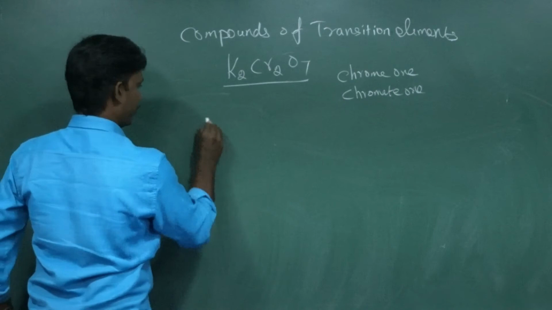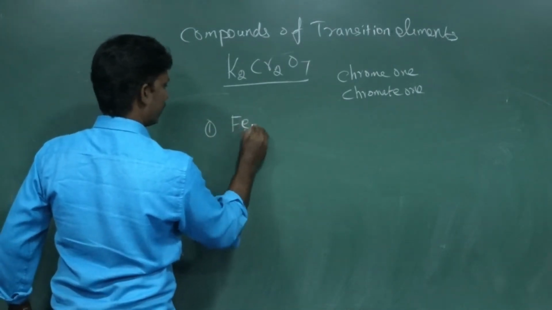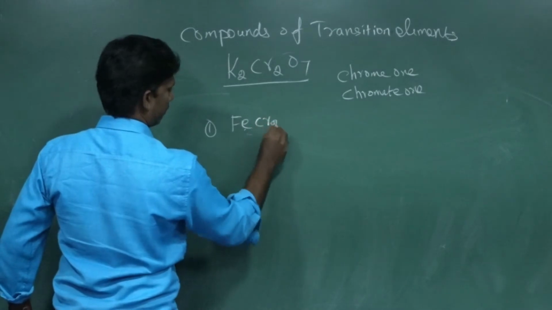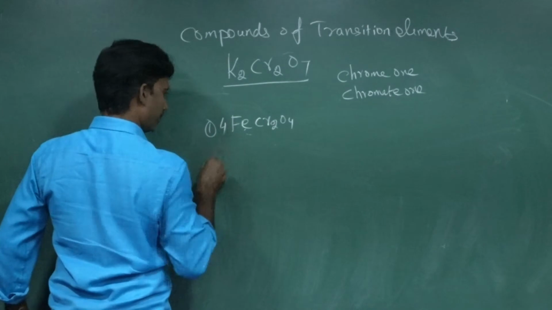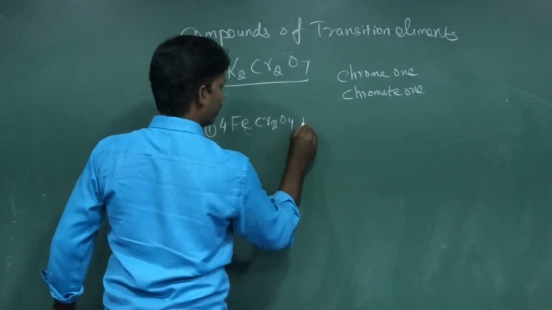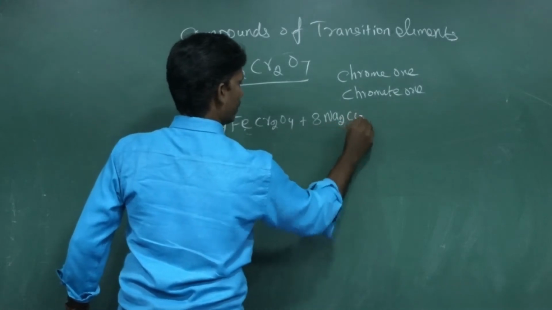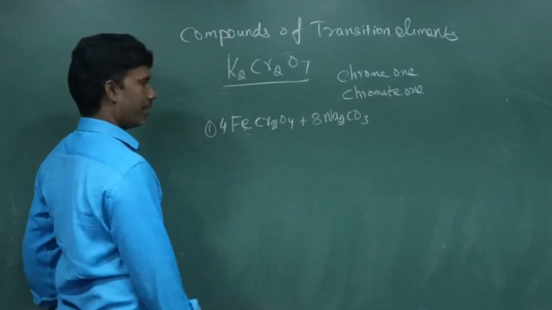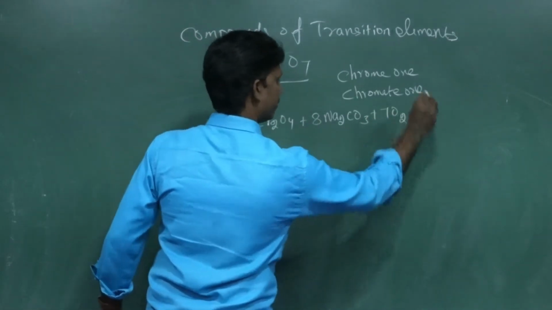In the first step, we take 4 times chromite ore plus 8 times sodium carbonate, Na2CO3, plus 7 times oxygen.